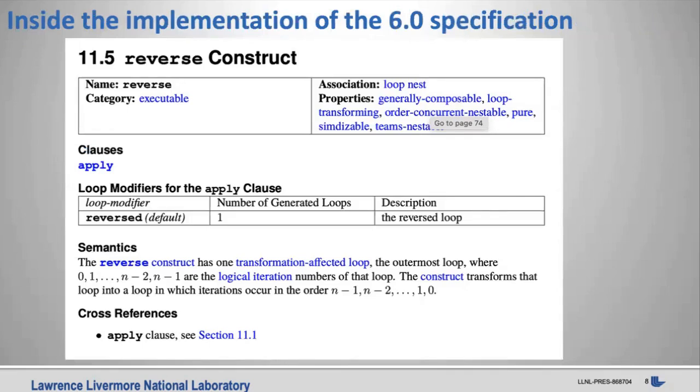So as we look inside the implementation of the 6.0 specification, one of the big changes, well, first of all, I want to state that I still consider the specification to be a document for OpenMP implementers.